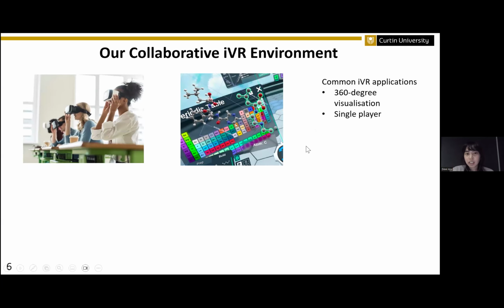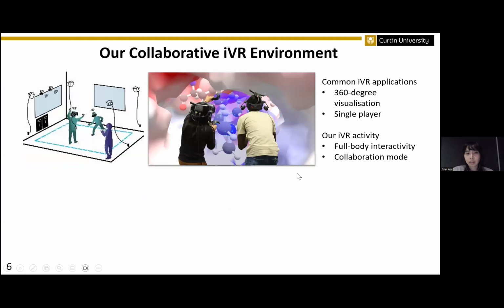For this study, our project has an in-house program with full body interactivities. Two students can walk around the room freely with the observer outside their space. And it's a collaborative mode. So two students share the same virtual space here. They see what the other can see.